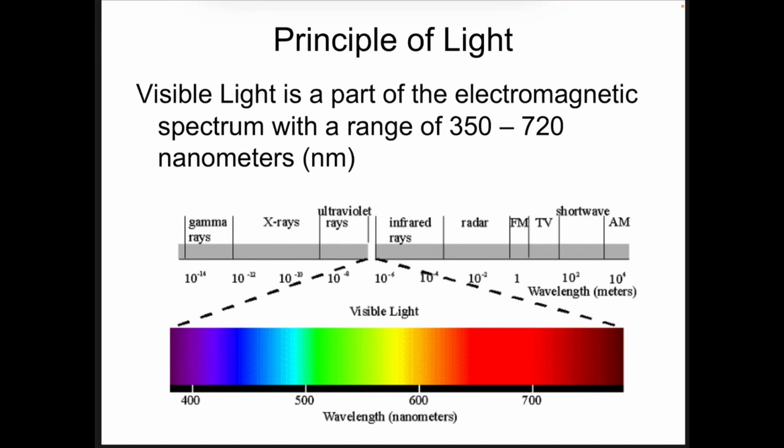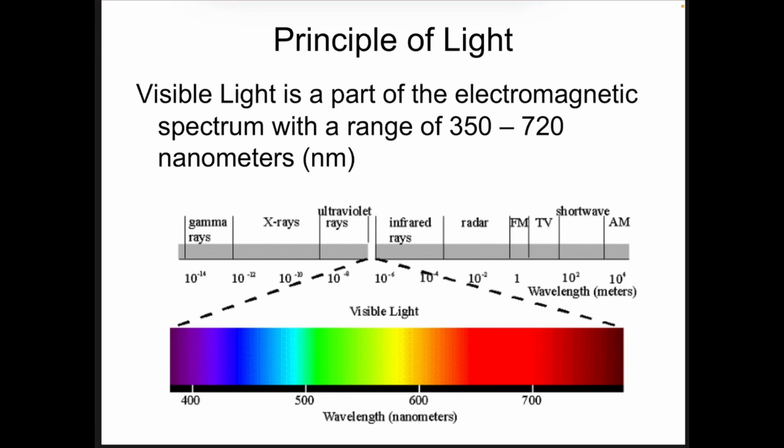Those parts of the electromagnetic spectrum are invisible. As you can also see below, the diagram for the visible light. If you know the parts of the rainbow, that is what is there.